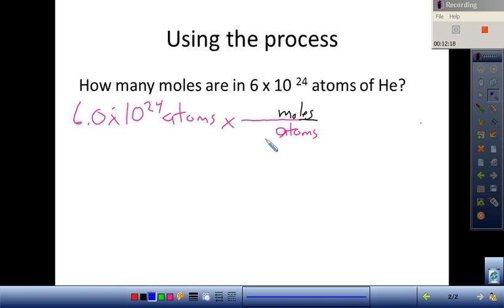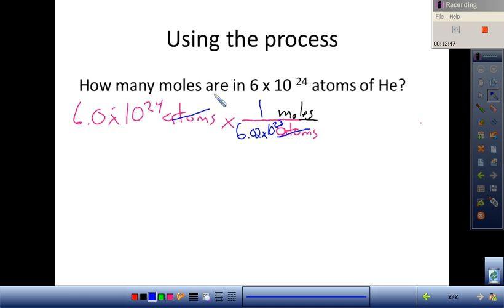Okay, so now that I've put my units on top and the bottom, I can put in my numbers. Well, we said atoms is always Avogadro's number. And it's always 1 mole. It's always 1 mole, and it's always this many atoms. Okay, this is one of our 3 ratios. Now from there, I can cross off my like units. I can cross off my atoms. I'm left with units of moles.